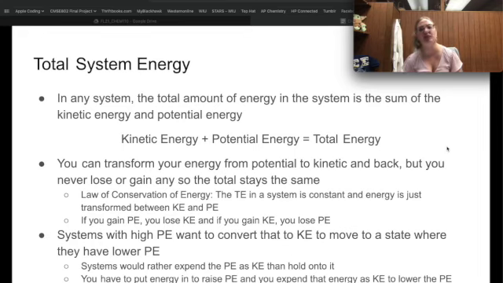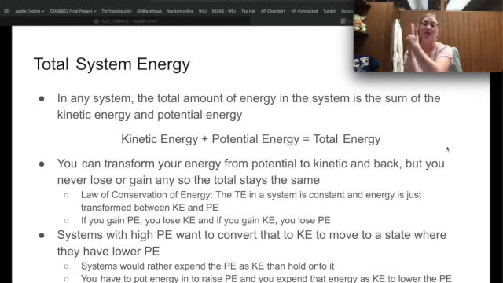And oftentimes, if we're thinking about a total system of energy, systems with high potential energy want to convert that to kinetic energy to move to a state where they have lower potential energy. So if something is high potential energy, it wants to convert all of that energy to kinetic energy to move to a lower state of potential energy. So it doesn't want to have to be fighting that dam like when we were looking at the picture before.